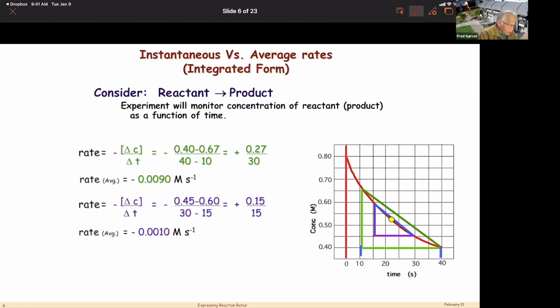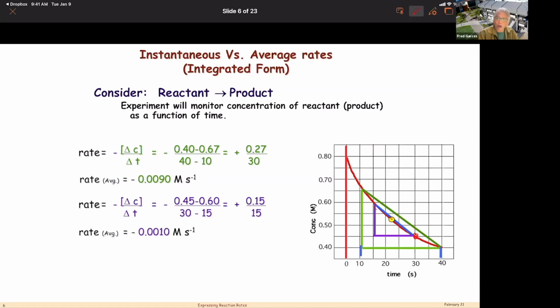Okay, now suppose we want to find the rate and we want to narrow it down between, say, in this particular case, 30, which is right here, and 15 seconds. Well, that's going to be a more narrow, and so what you need to do is calculate that slope again.